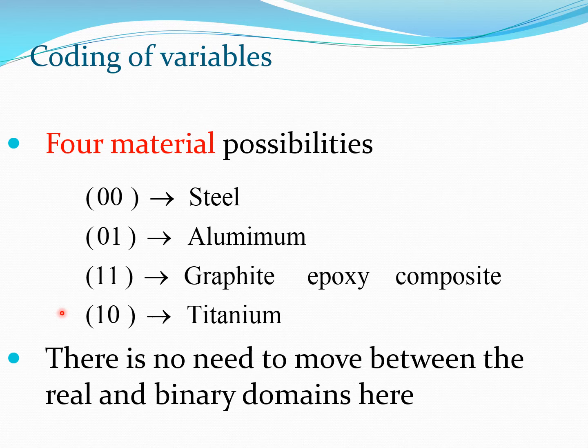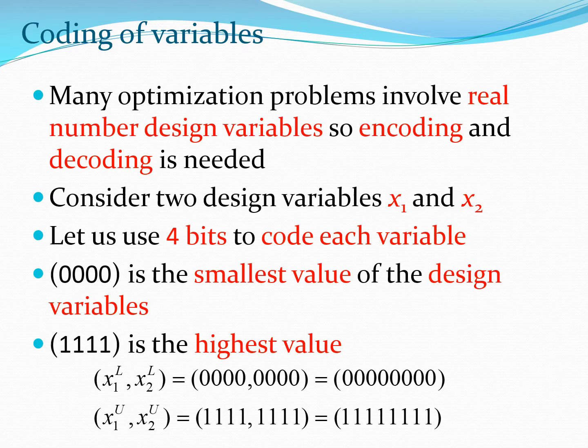And then basically let the GA manipulate these strings and select the best material for the different parts of the structure. So in such problems, there is no need to move between the real and the binary domains. But most optimization problems involve real number design variables. So you not only need to know the coding part or the encoding part, but also the decoding part.